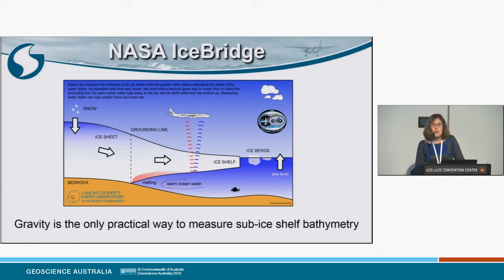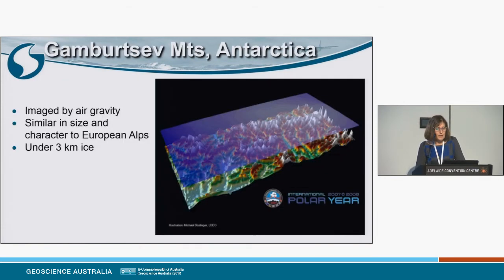So the purpose of the gravity in these projects was to calculate bathymetry, because the ice penetrating radar doesn't penetrate the water. So underneath the ice shelf, they use the gravity to calculate bathymetry.